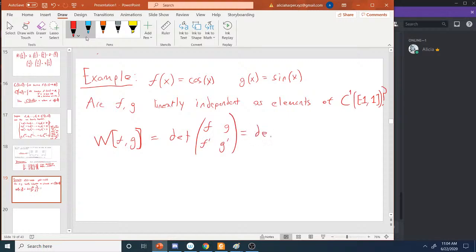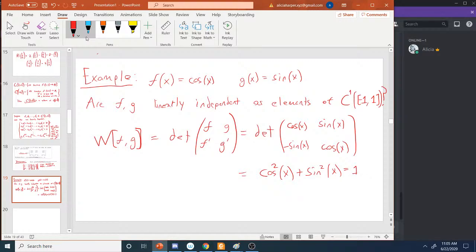And this will be the same thing as the determinant of cosine x, sine x, and down here the derivative of f, which is, of course, negative sine x, and the derivative of g, which is just cosine of x. So this determinant is the same as cosine squared of x plus sine squared of x, which will just be equal to 1.